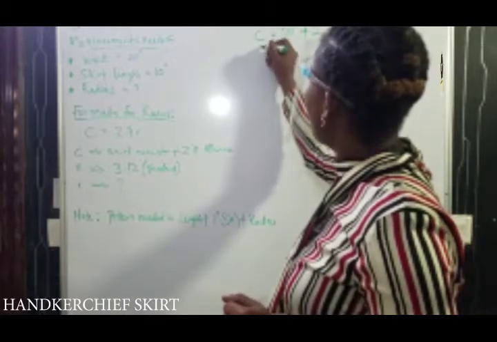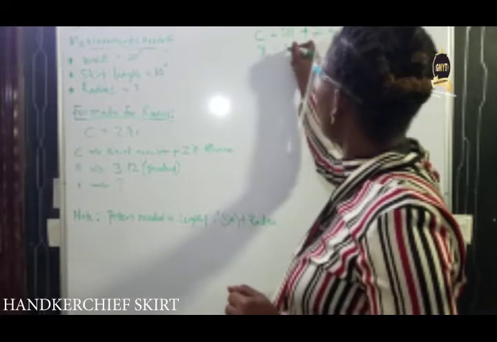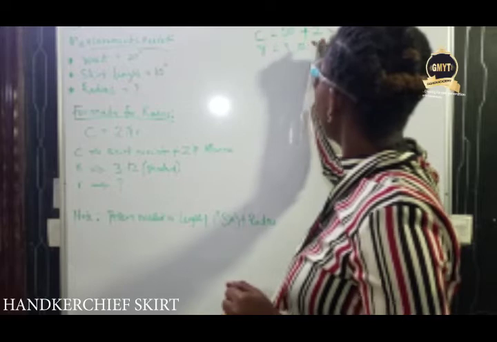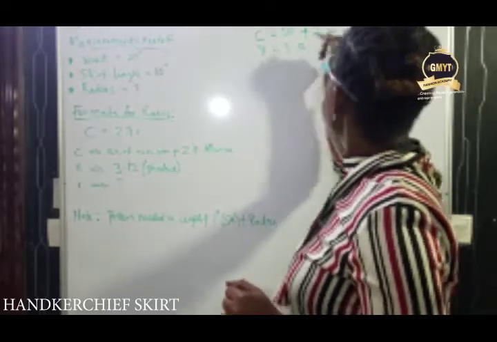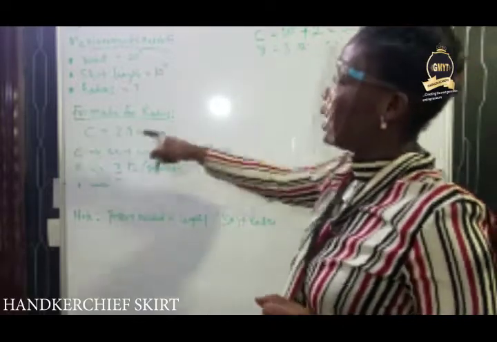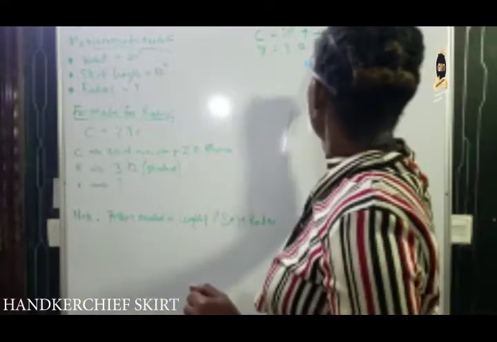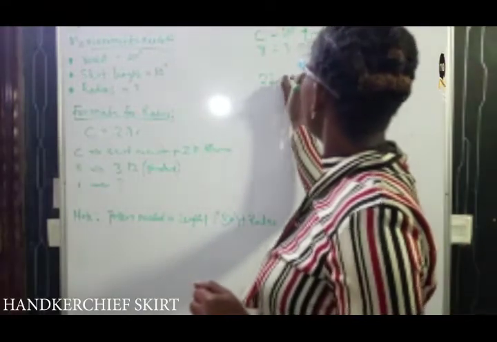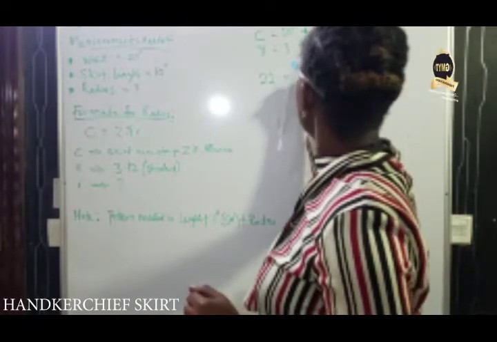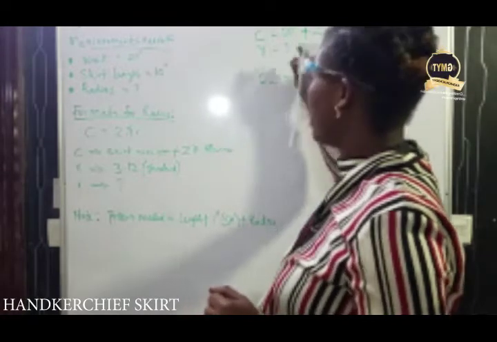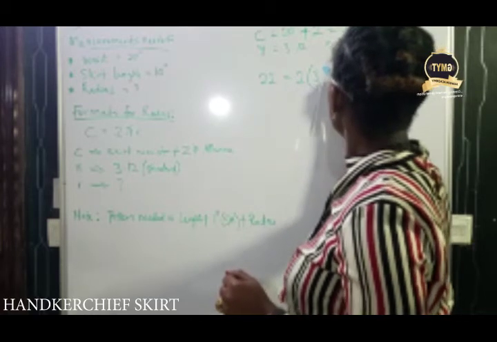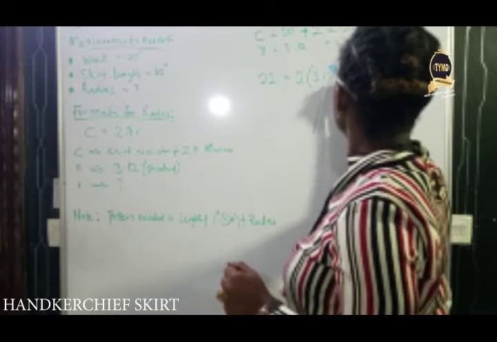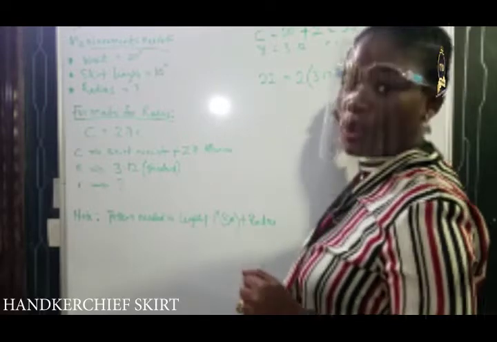Then my pi equals 3.12. Definitely our R is what we are looking for. So putting in place all these figures inside this formula, that's going to be 22 equals 2 into brackets pi 3.12 times R, which we don't know the figure.